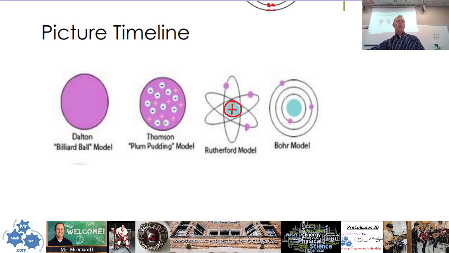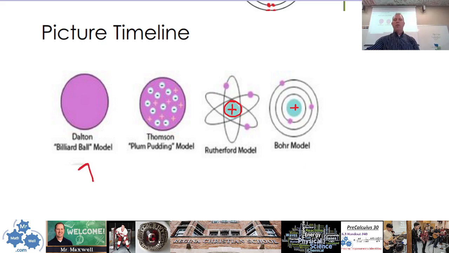We don't really know where they are or what they behave like. Then Bohr came along and said, we've got the nucleus, and electrons orbit the nucleus, and they have predictable paths. He did a whole bunch of math and figured out sort of where these electrons might be. So this is the Bohr model.